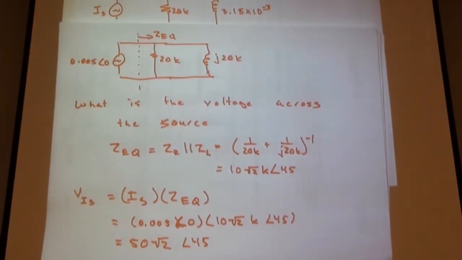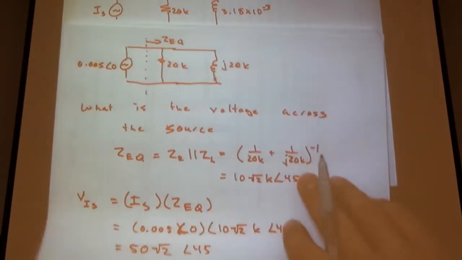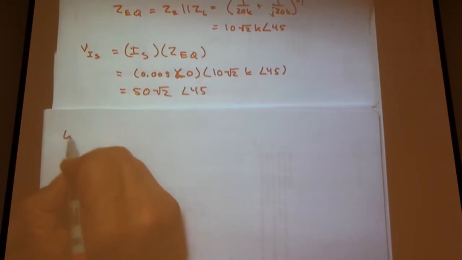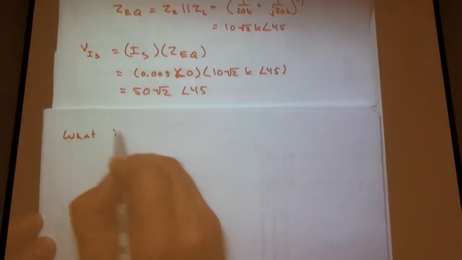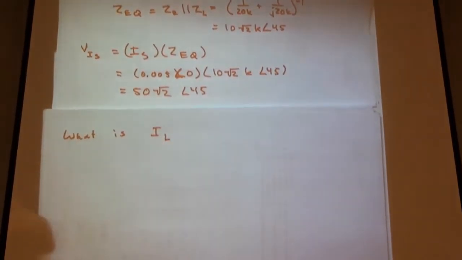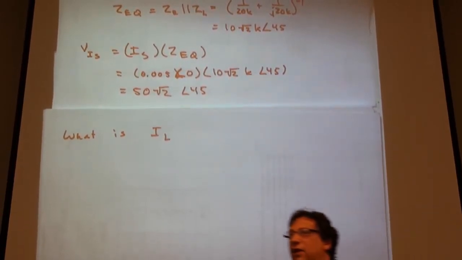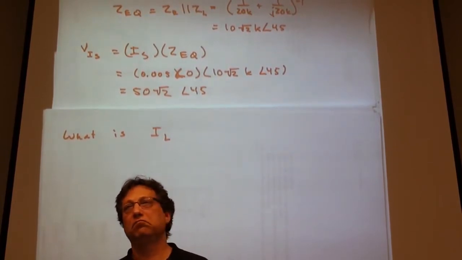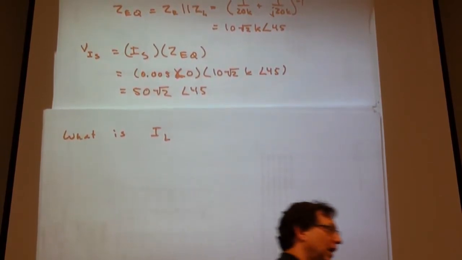So, one of the next questions we can ask is, what is IL? Well, having found this, what's the very fastest way to find the current through the inductor? What's that?